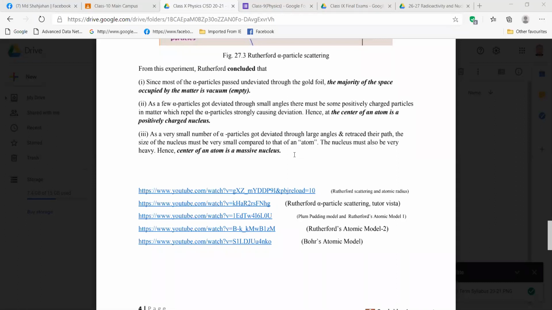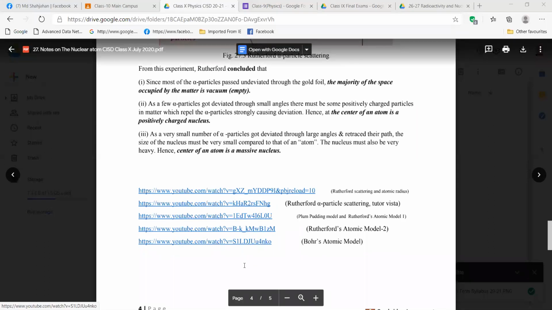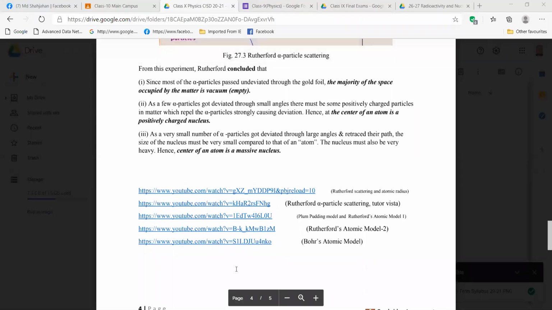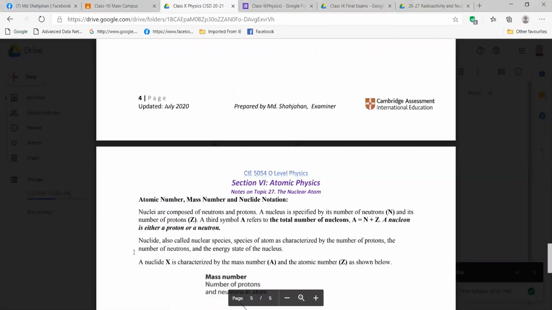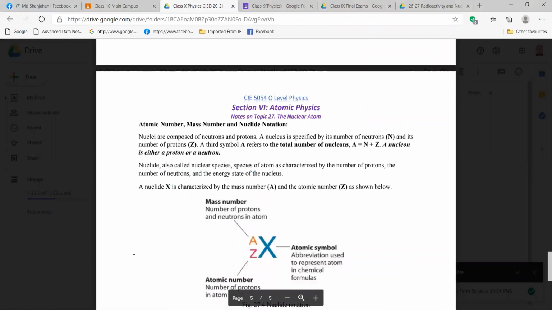Now after that we have some more basic discussions: atomic number, mass number, nuclide notation.